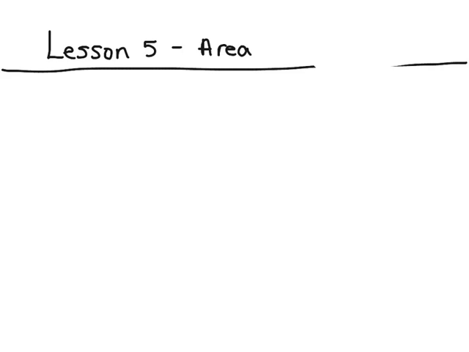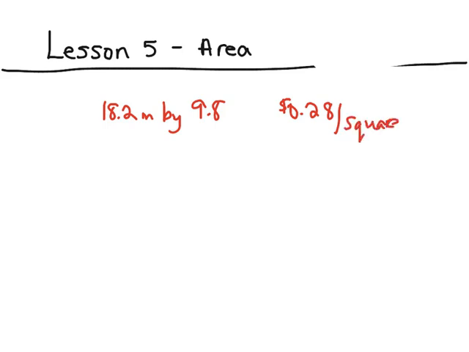And for the last example, Rebecca is planning to install sod in her backyard, which is 18.2 meters by 9.8 meters. If sod costs 28 cents per square foot, how much will it cost to sod her backyard?